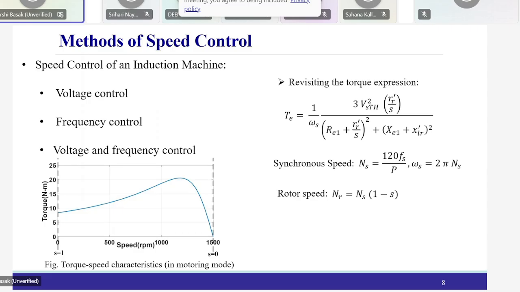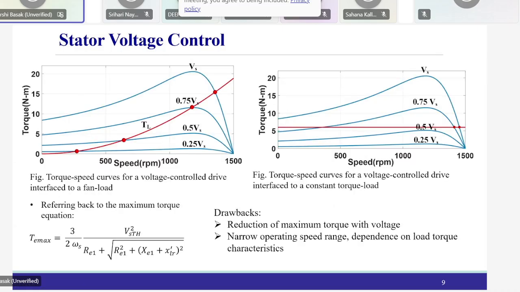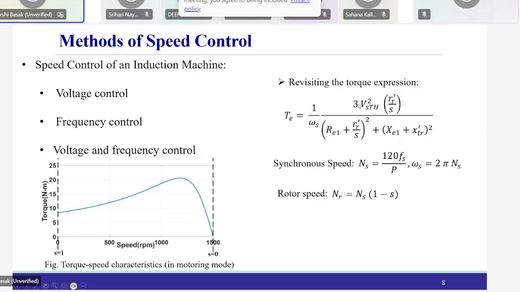Now, what are the variables in my hand? We can go for voltage control, frequency control, or voltage and frequency control.